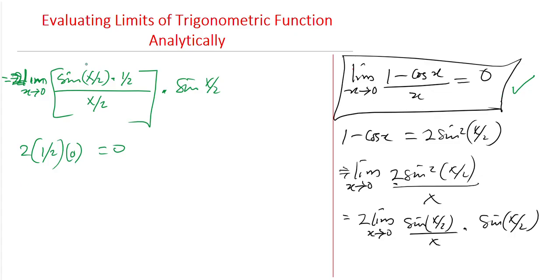0. Let's take the next identity, and this is where students often make mistakes.